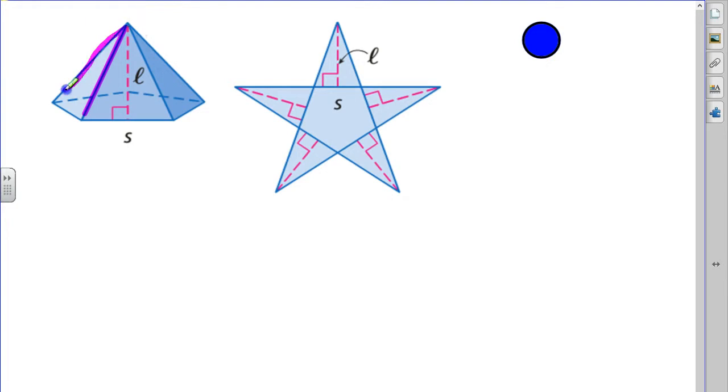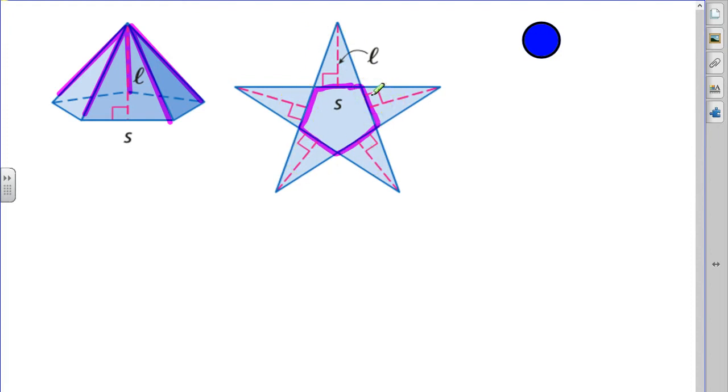In this case, there are 5 of them. We can't see one because one of them is blocked by the altitude. It goes right on the back of it, like back here. And then what ends up happening is you get this pentagon, which is your base, and then you get the 5 triangles.